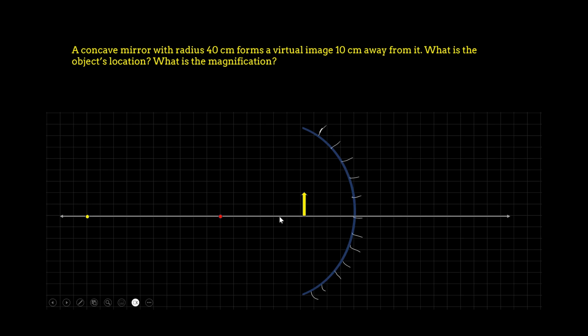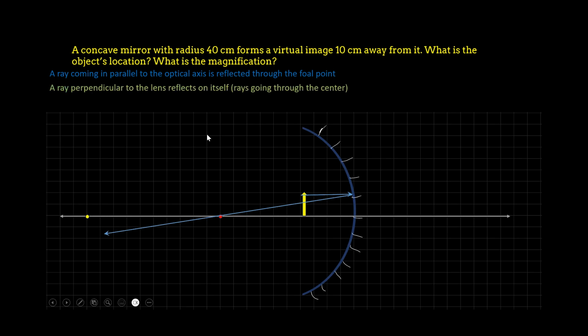So it's over here somewhere. I may have overshot it a little bit. Let's see where we get the image. First ray parallel to the optical axis. Oops, that should have been up a little bit, but let's go through the focal length.